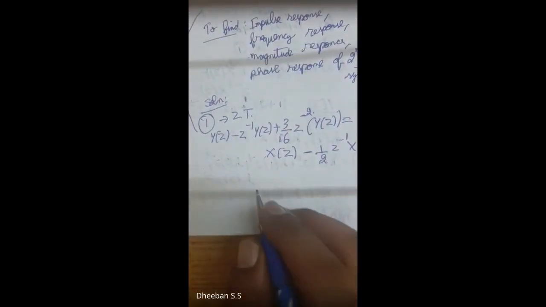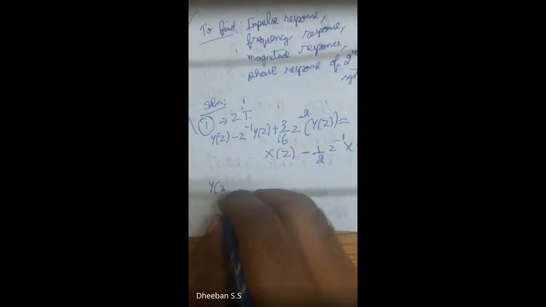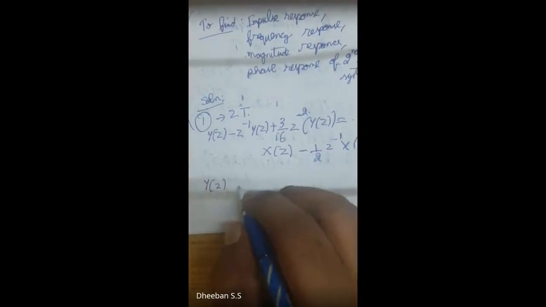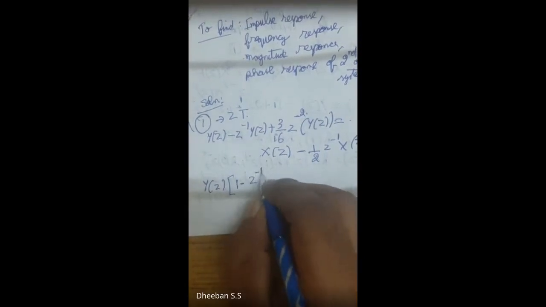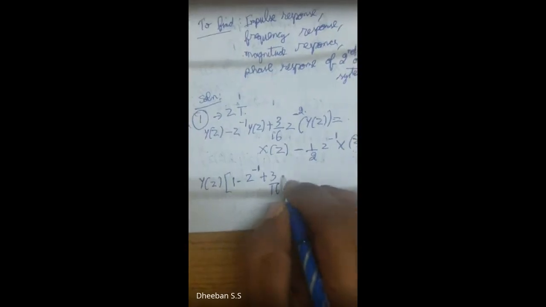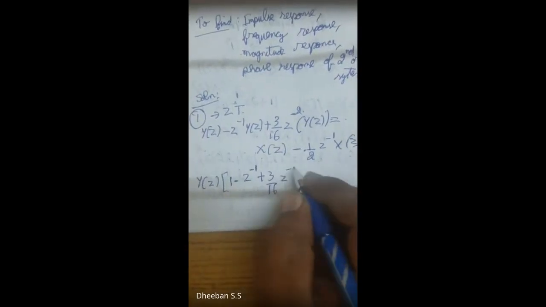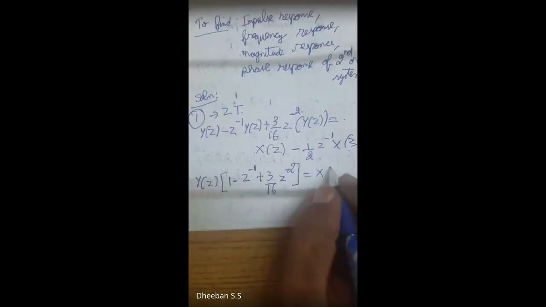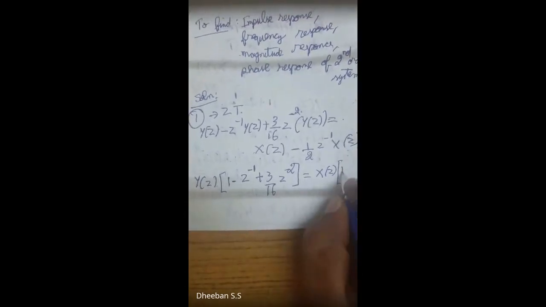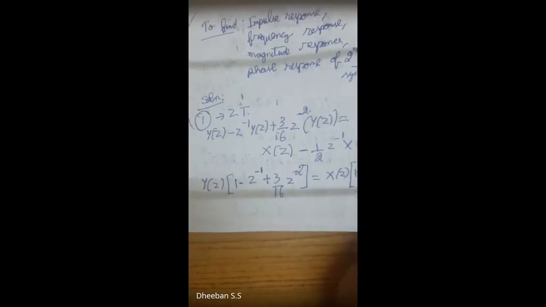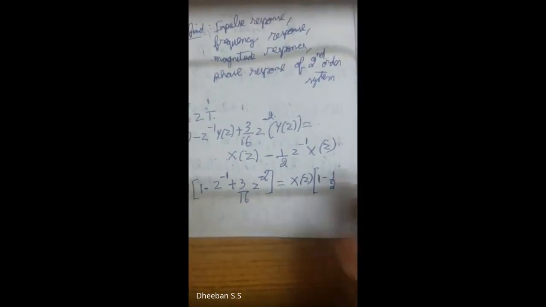Now group it out. So y of z into 1 minus z power minus 1 plus 3 by 16 z power minus 2 will be equal to x of z into 1 minus 1 by 2 into z power minus 1.